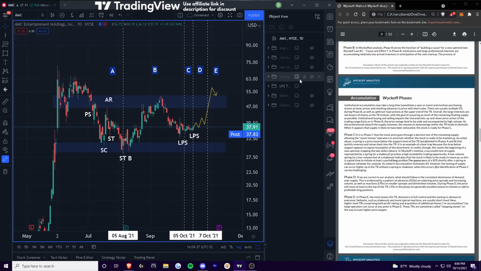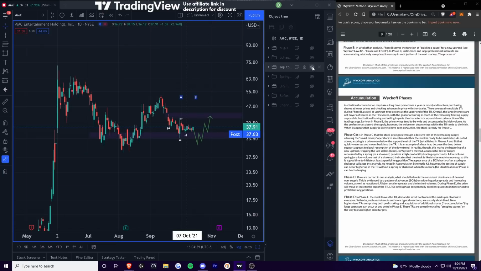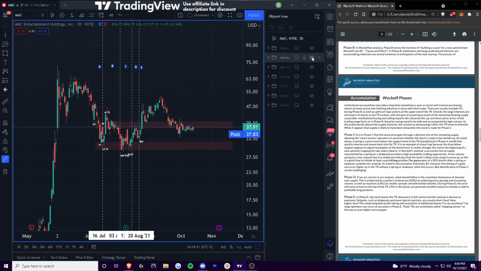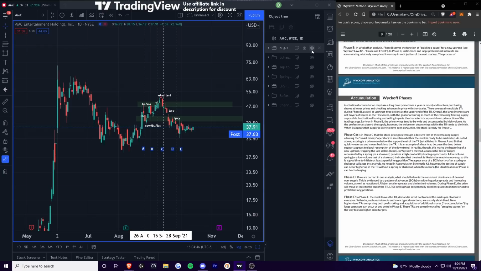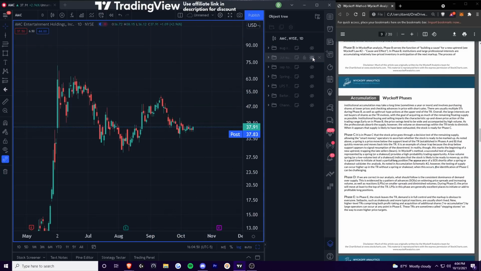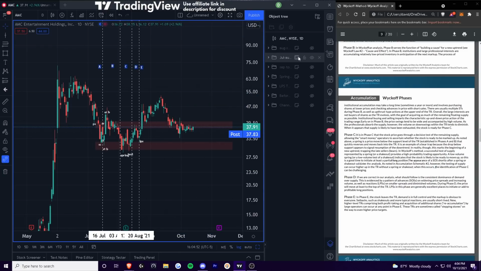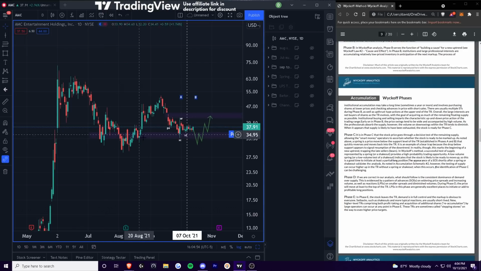And when I noticed this, I think it's probable that this was distribution. It's probable that this was accumulation, and in my opinion, it's probable that we're accumulating again here.